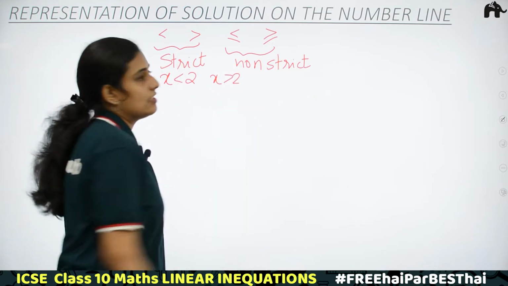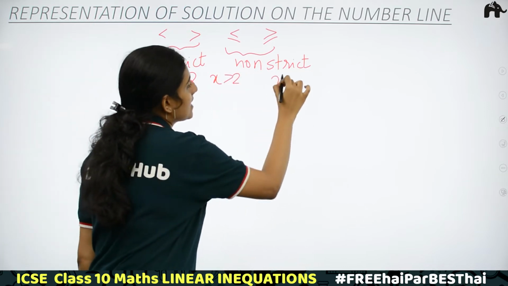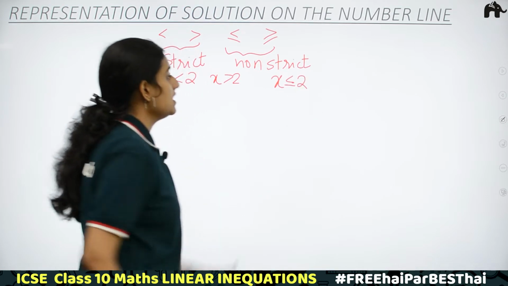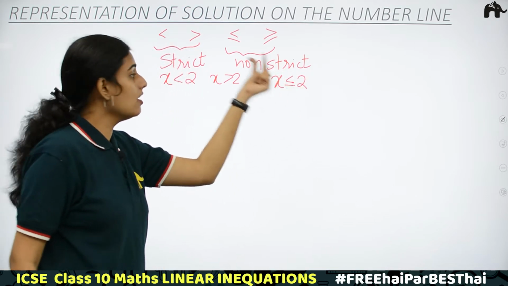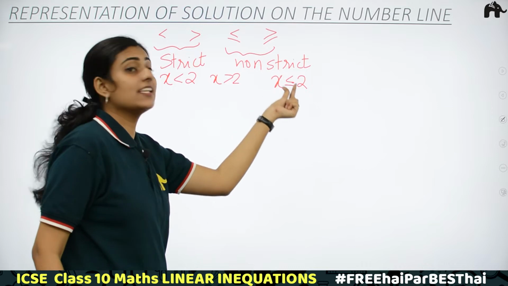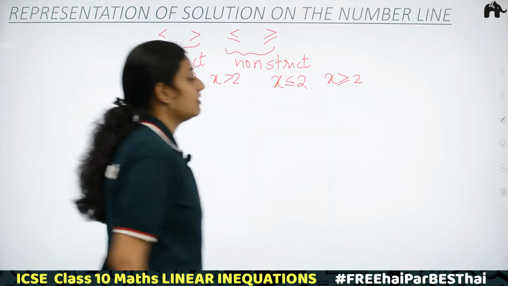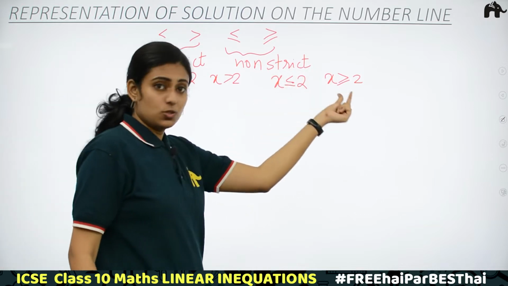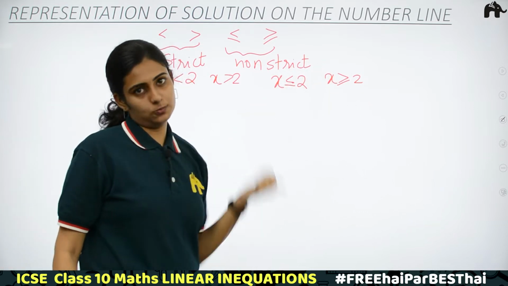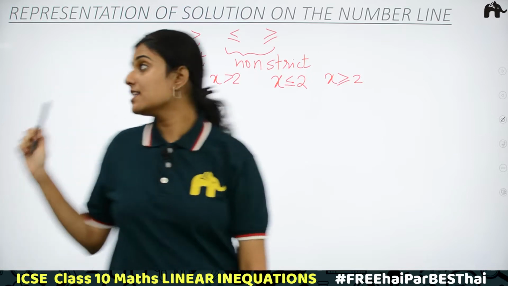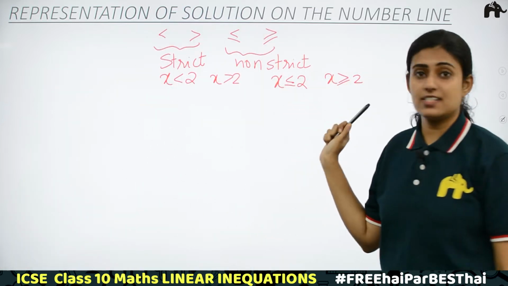When it comes to non-strict inequalities, x less than or equal to 2 means the value of x can be 2 or values that are less than 2. X greater than or equal to 2, the value of x can be 2 or greater than 2. Understood? These are strict inequalities and non-strict inequalities.